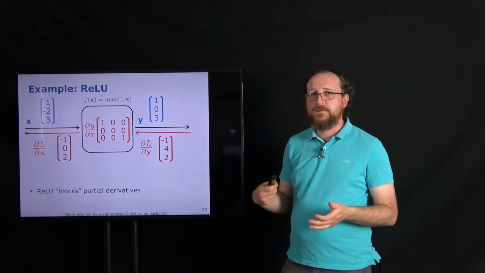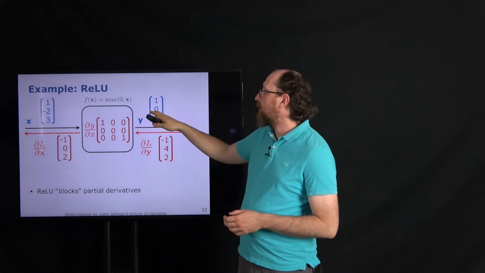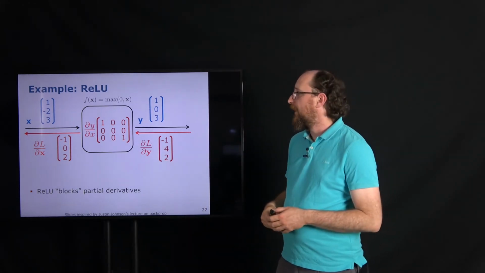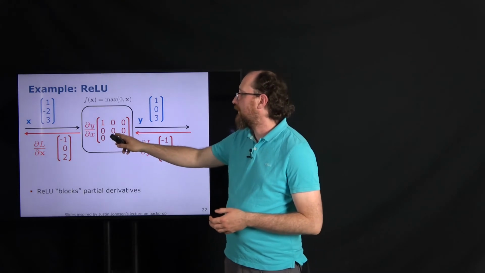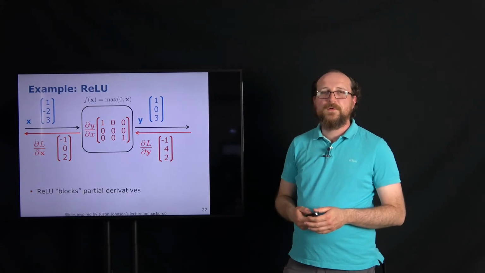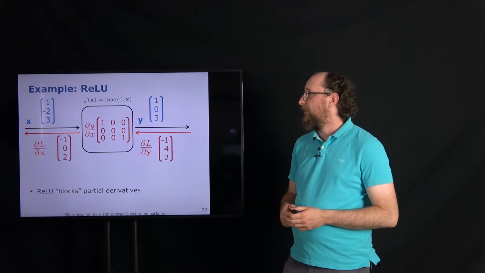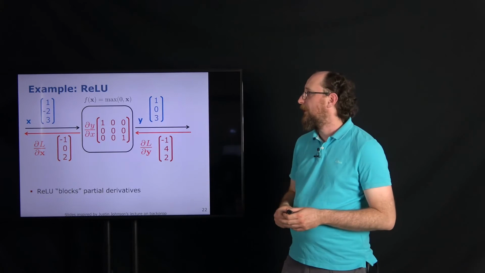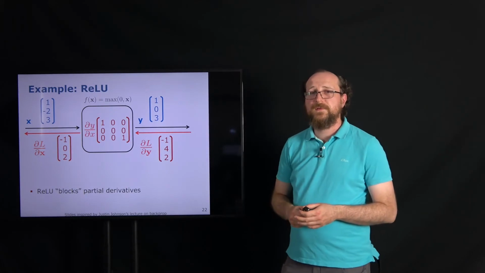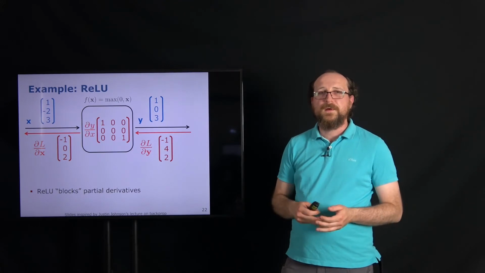And as you can notice now, when we have an output of 0 here, then the gradient in this direction is blocked in the end, because the gradient for this specific direction is then 0. Computing the explicit Jacobian, for instance for this ReLU activation, is maybe a little bit too costly, because when we are thinking of images, we maybe have very high dimensional vectors, and computing the explicit Jacobian would therefore take a lot of space.